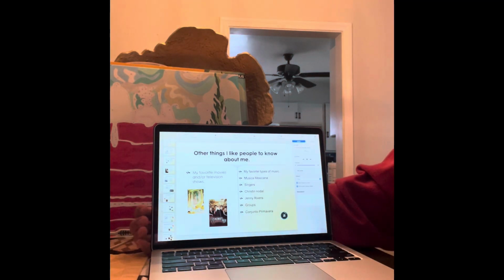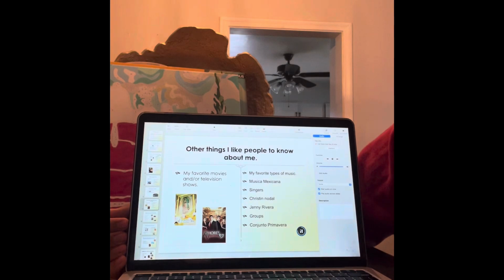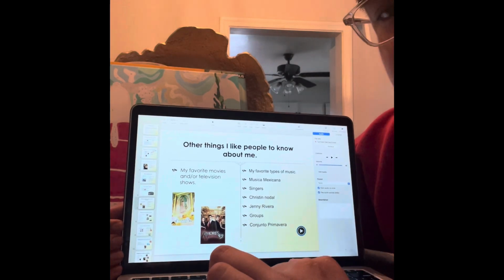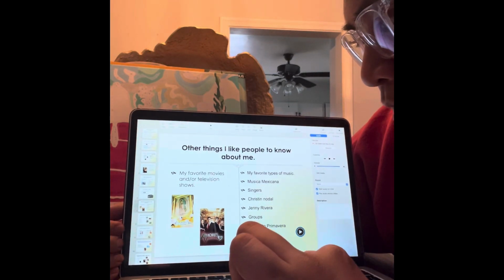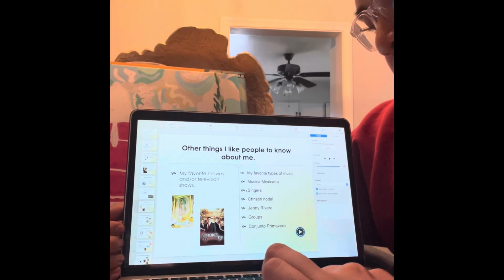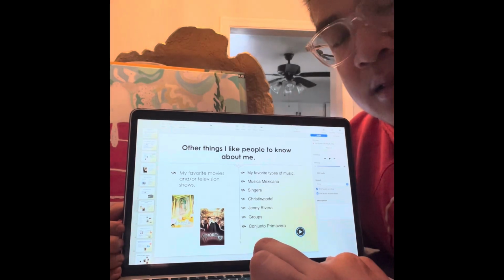I like to watch soap operas about love and important teachings and music in Spanish. So here are some of my favorite movies and TV shows like La Rosa, and some singers I like, such as Kristen Nodell.